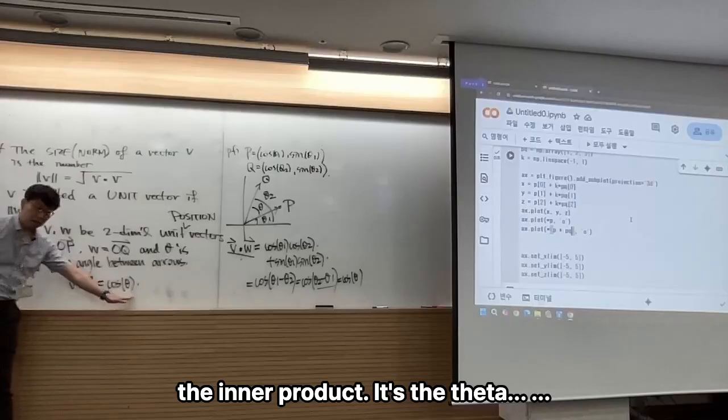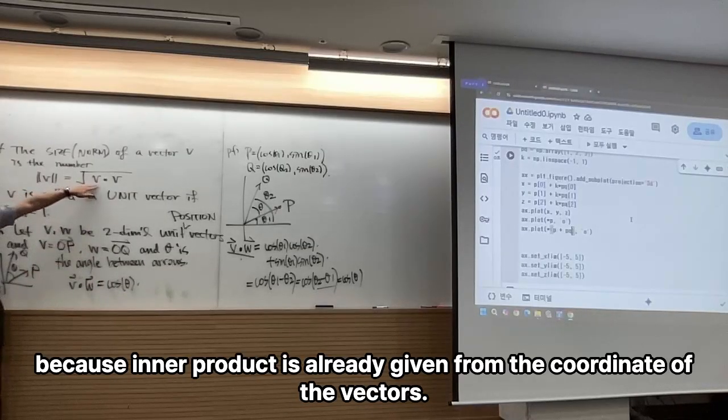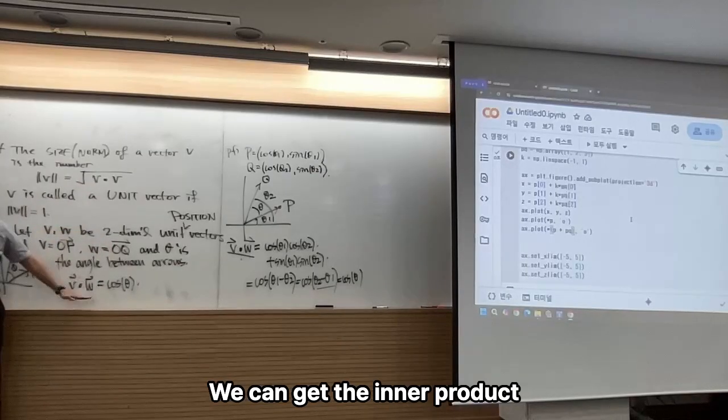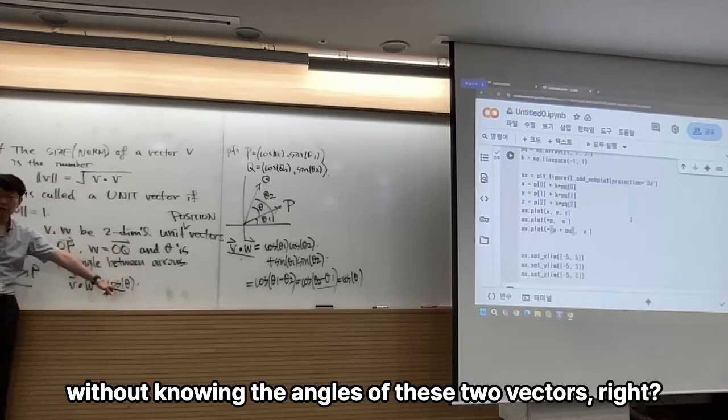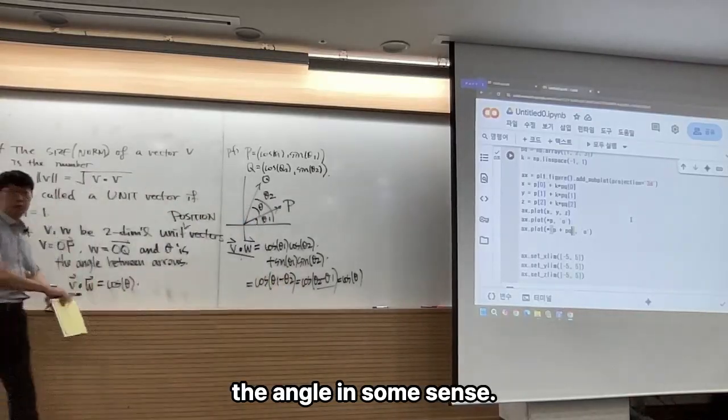It's the theta we get after taking the inner product, because the inner product is already given from the coordinates of the vectors. We can get the inner product without knowing the angles of these two vectors, right?